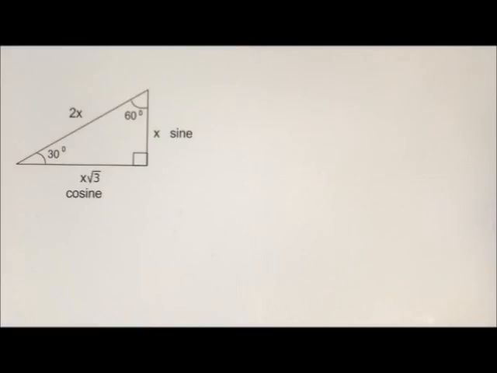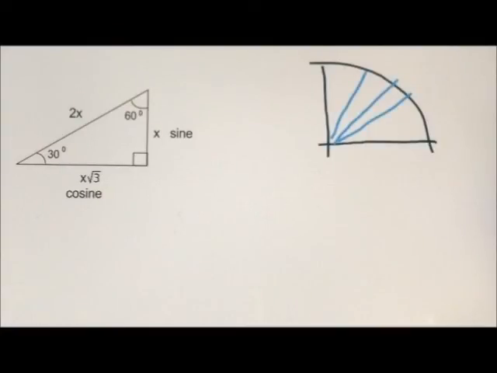The only difference between the 30-degree triangle and the 60-degree triangle is that the triangle has been flipped around. When we look at quadrant 1, we see that the first line, which is here, is the 30 degrees, which we just solved for. But when we solve for 60 degrees, that is up here, making the angle larger.